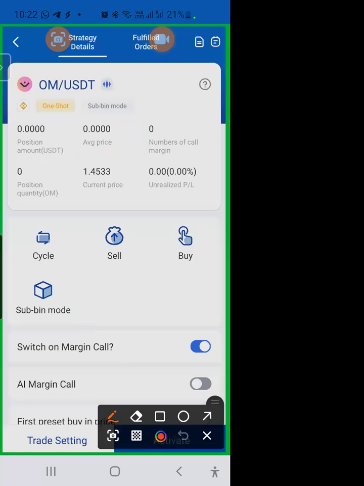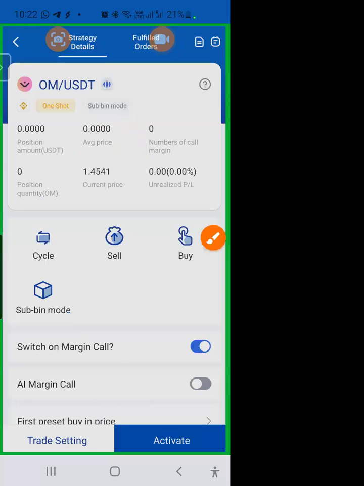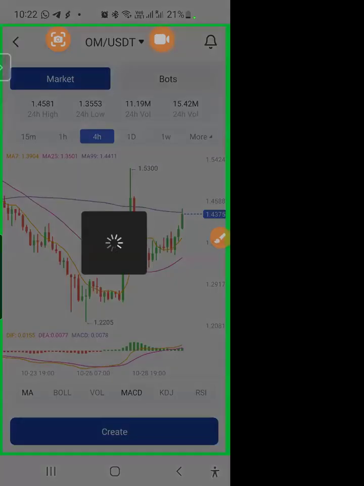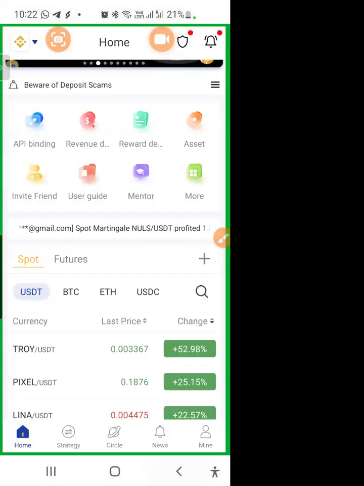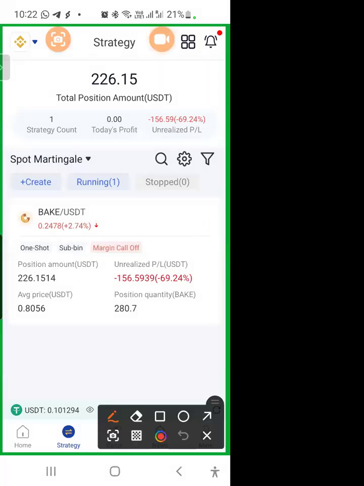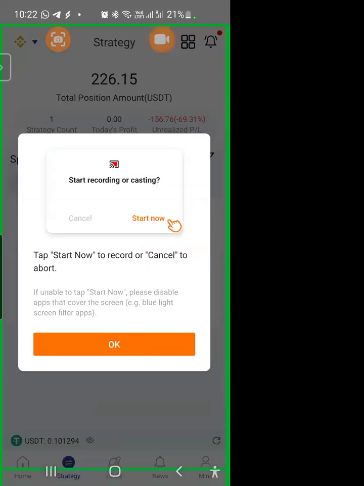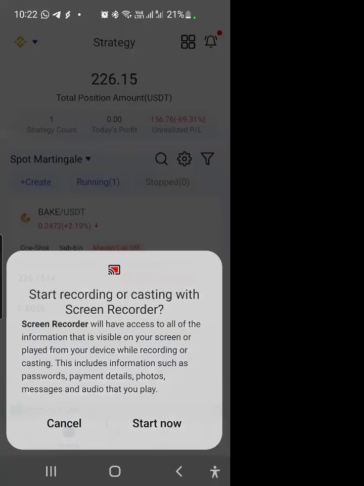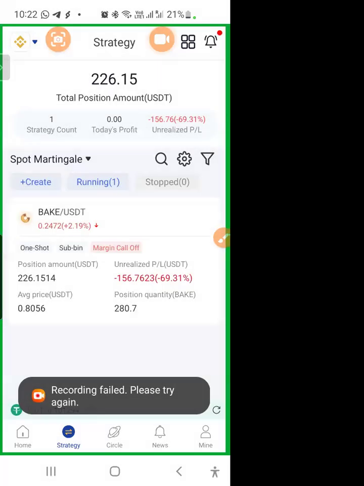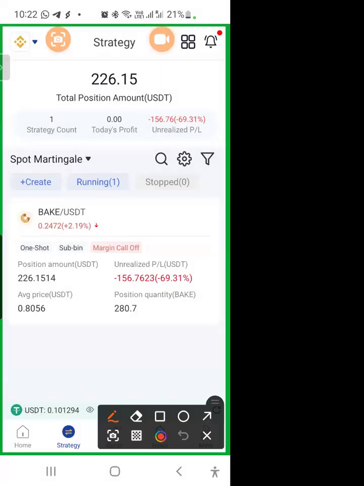For you to go into floating loss, let me bring my coin here. This is the floating loss I'm talking about here, ladies and gentlemen.